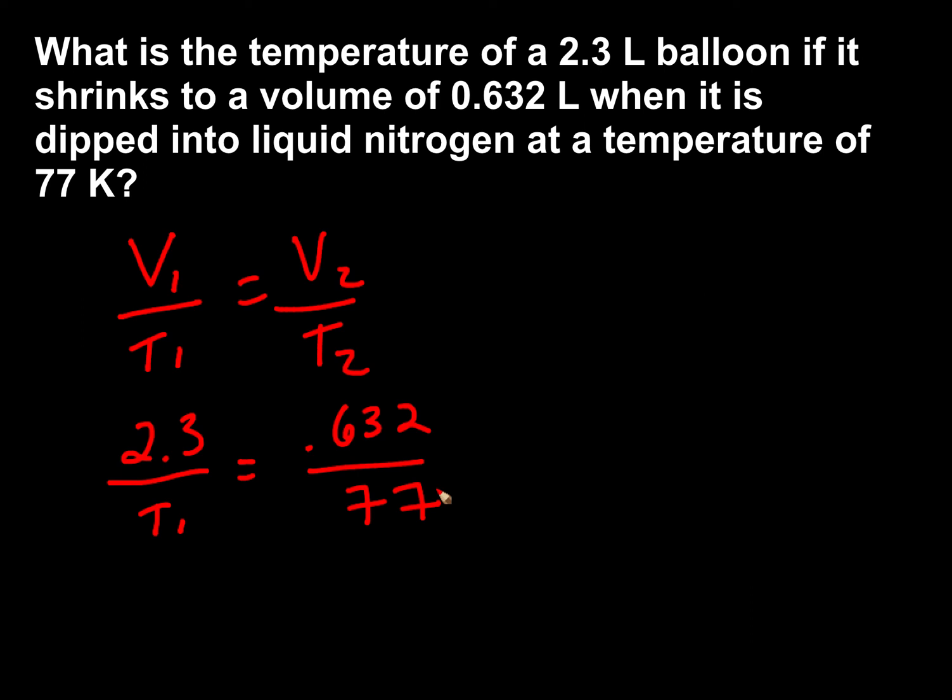Okay, so once again, we have to cross multiply and divide. So we have 2.3 times 77, which is 177.1, equals 0.632 T1. So we need to divide by 0.632.